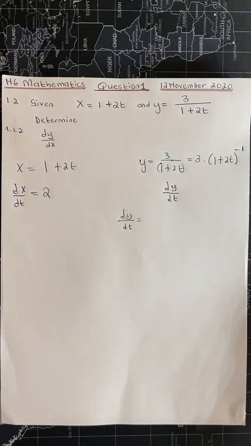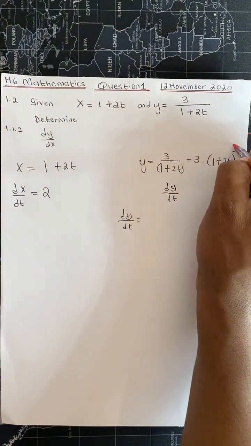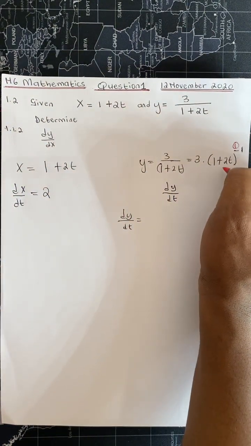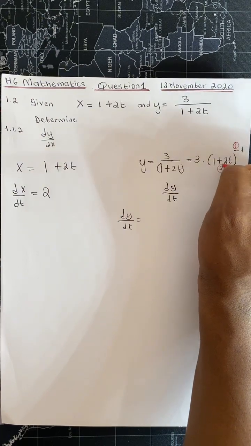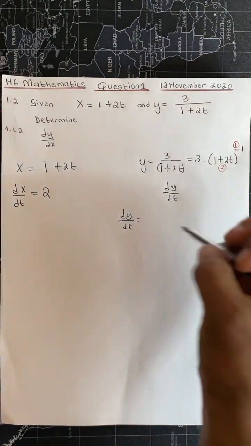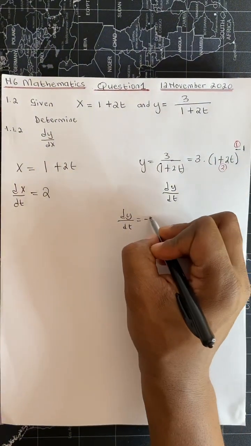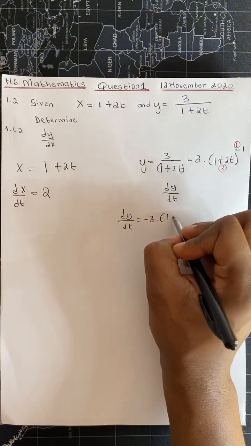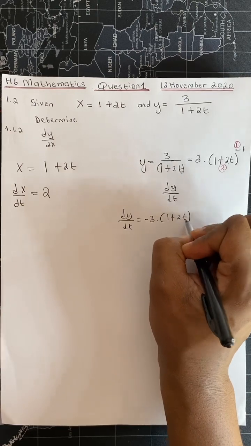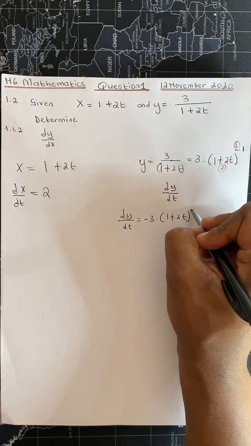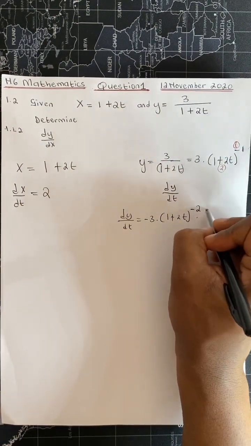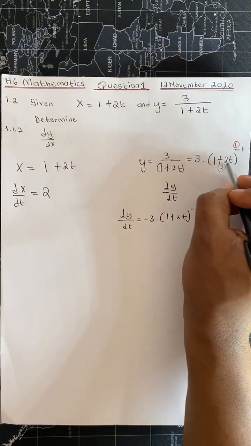Now dy over dt. We first start by differentiating the parentheses, and later we'll differentiate what's inside the parentheses. So number 1, we have negative 3 multiplied by 1 plus 2t, and we subtract 1 from the negative 1, which gives negative 2. Number 2, we differentiate what's inside the parentheses.